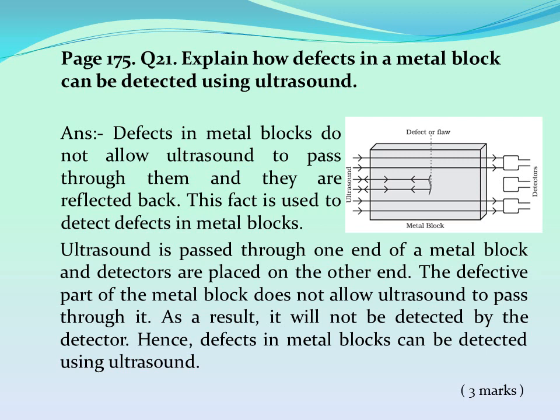Ultrasound is passed through one end of a metal block and detectors are placed on the other end. The defective part of the metal block does not allow ultrasound to pass through it. As a result, it will not be detected by the detector. Hence, defects in metal blocks can be detected using ultrasound.